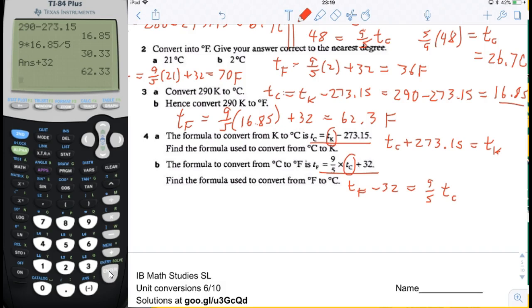Now we're going to solve for Tc, so we multiply both sides by 5/9. When we multiply the left side by 5/9, we do need to put the left side in parentheses because of PEMDAS. The 5/9 cancels the 9/5, and we're left with that. And that is the formula used to convert Fahrenheit to Celsius. And that's the end of page 5.